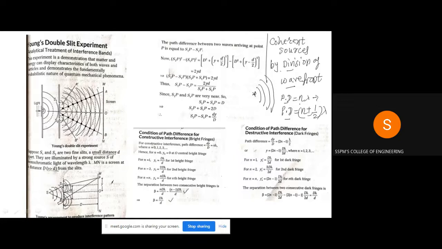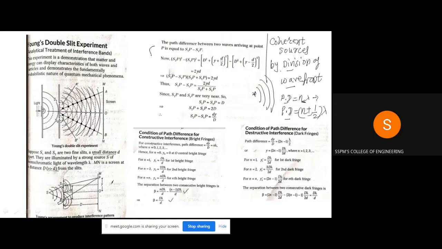And if the path difference is an integral multiple of lambda, then we get the condition for constructive interference, which produces maximum of intensity, that is, a bright band. So, as per the geometry, we have calculated this.